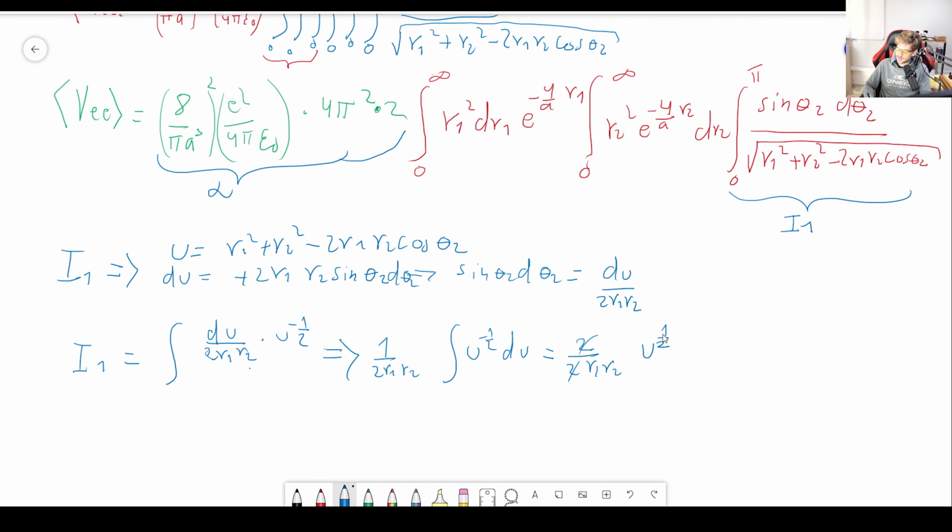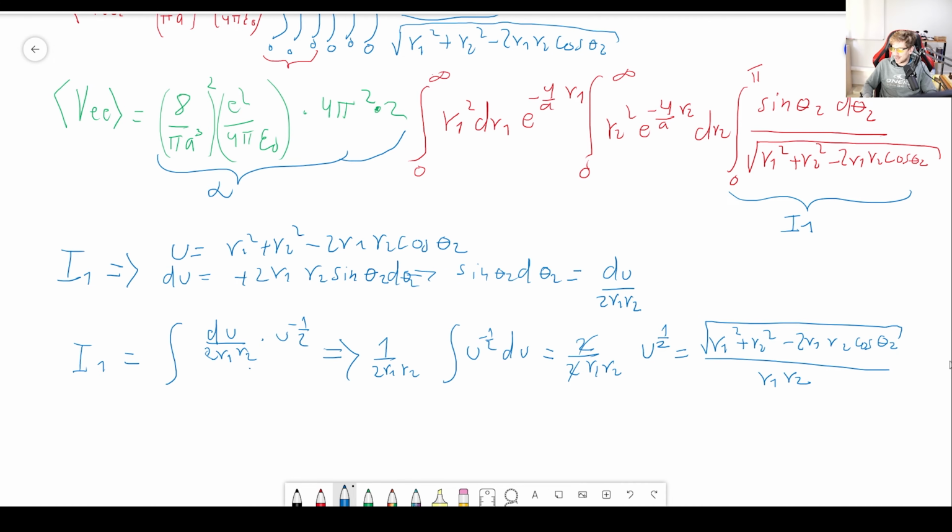That when we take the derivative, we get what we had before again. And now we simply have to plug it back in. So u was this monster right there. So we get r1 squared plus r2 squared minus 2r1 r2 cosine of theta 2. And of course, we have to take the square root of this and divide it by r1 r2.